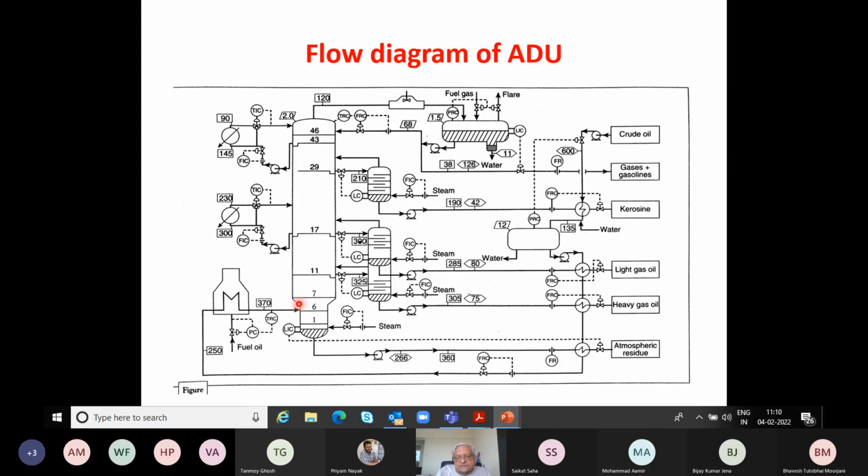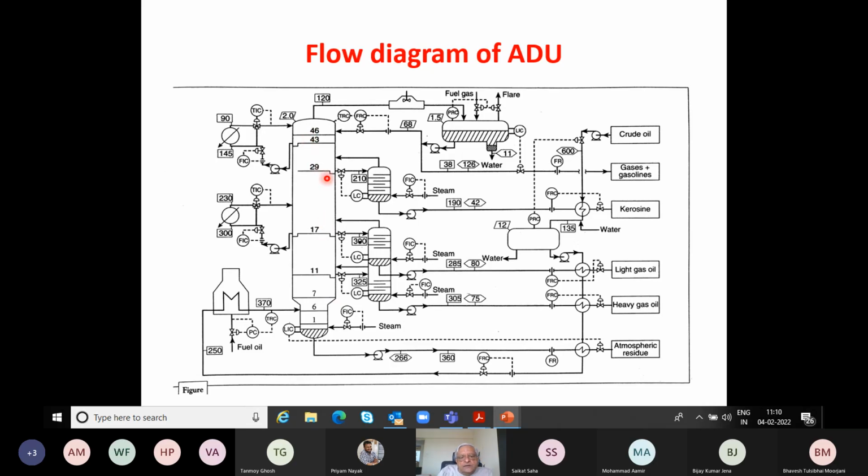So this is a flash where the heavy liquid drops out, and the light fractions, all the way from fuel gas to LPG to light naphtha, heavy naphtha, kerosene, diesel, everything comes up to the top.